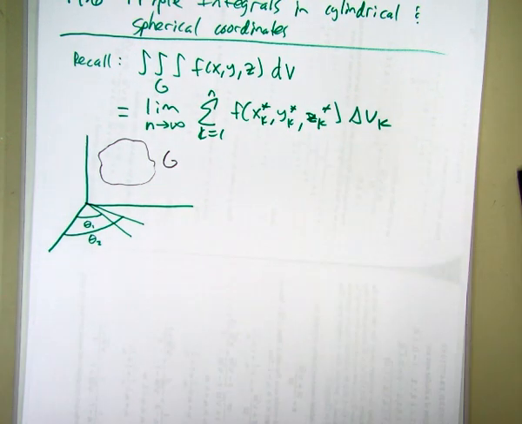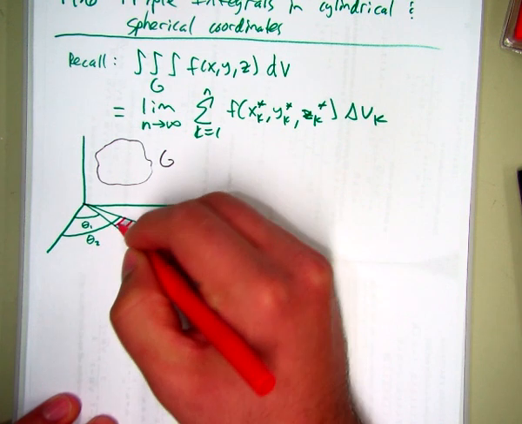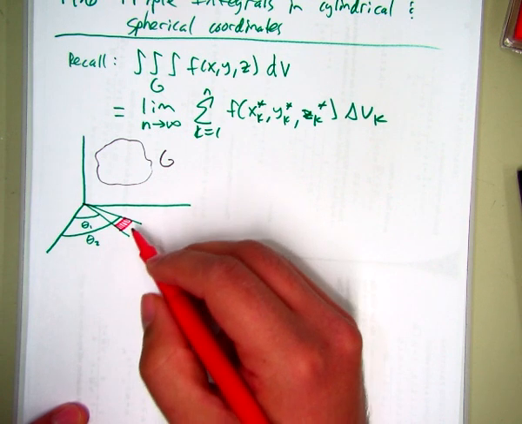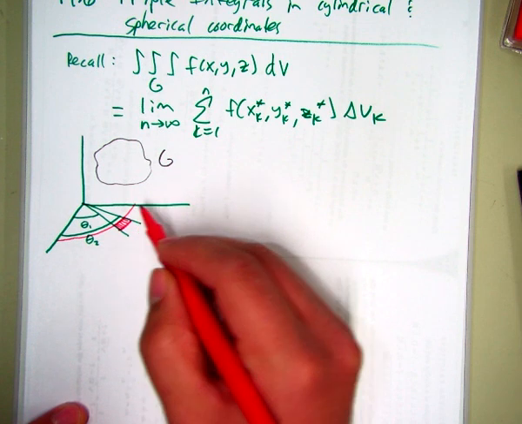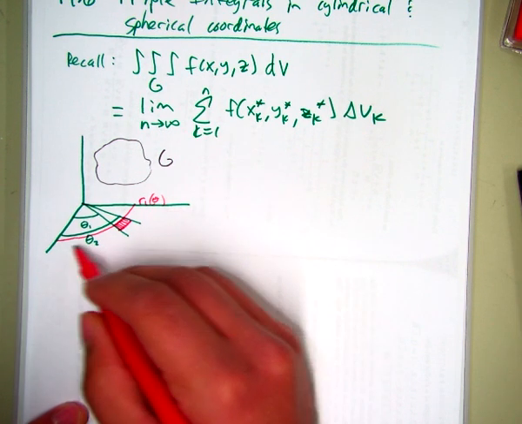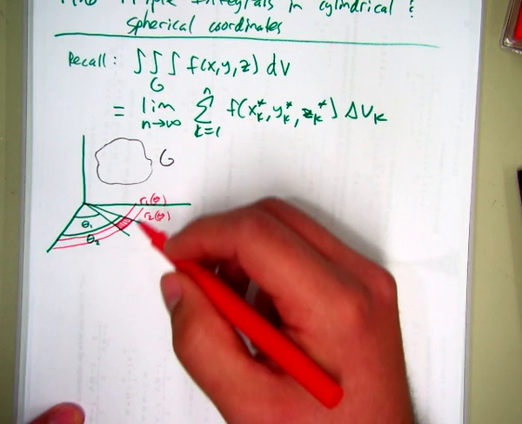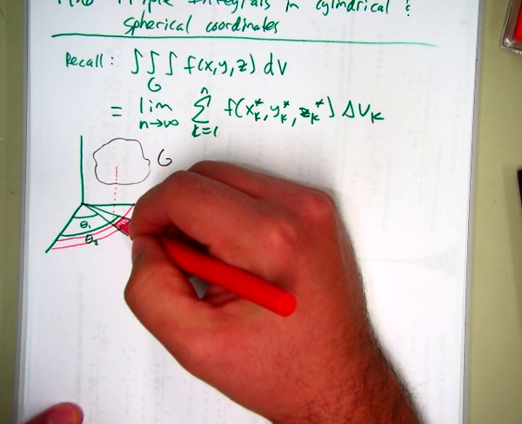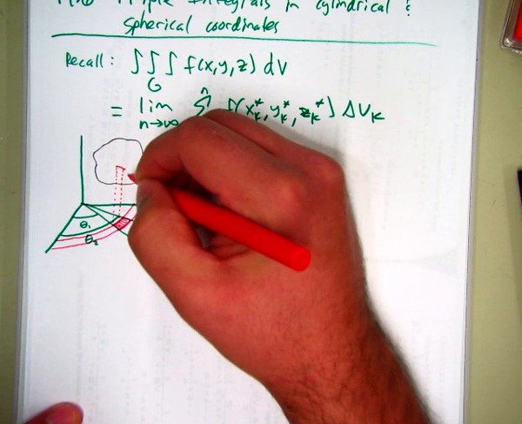And now, let's go ahead and map one of these little wedges upward. So this inner curve is going to be r1 of theta. This outer curve is going to be r2 of theta. And now this is going to map up and create a little three-dimensional wedge.